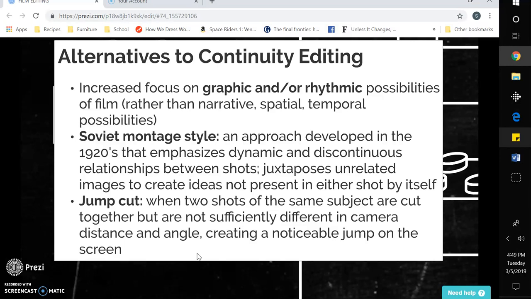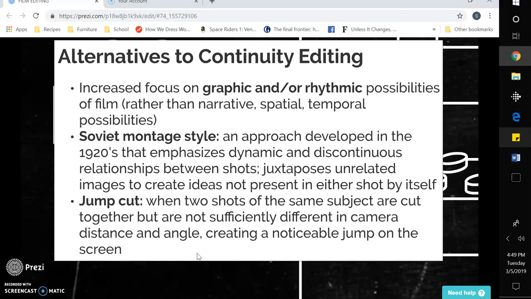Now, one alternative is an increased focus on graphic and/or rhythmic possibilities in film. This could probably be called post-classical editing style or MTV editing style.